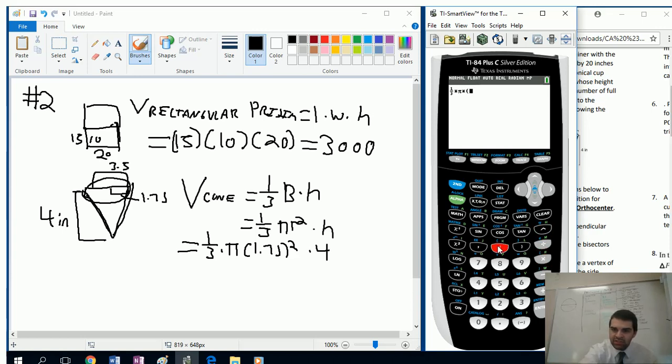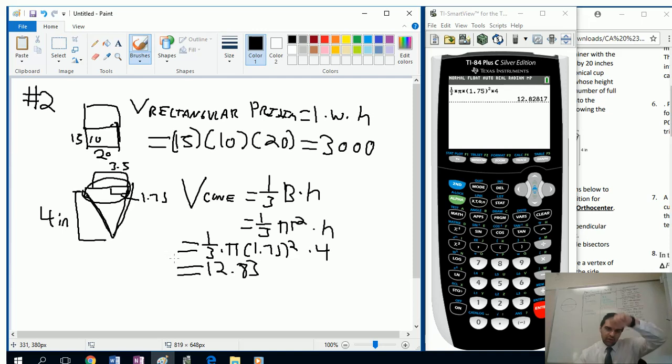So our radius is 1.75, so 1.75 squared times our height, which is going to be 4 inches. And that gets us 12.828, let's round it up to 12.83. So our volume of the cone here is going to be equal to 12.83. And you think about it, this is the amount of times you need to fill up the cone to fill up the rectangular prism.